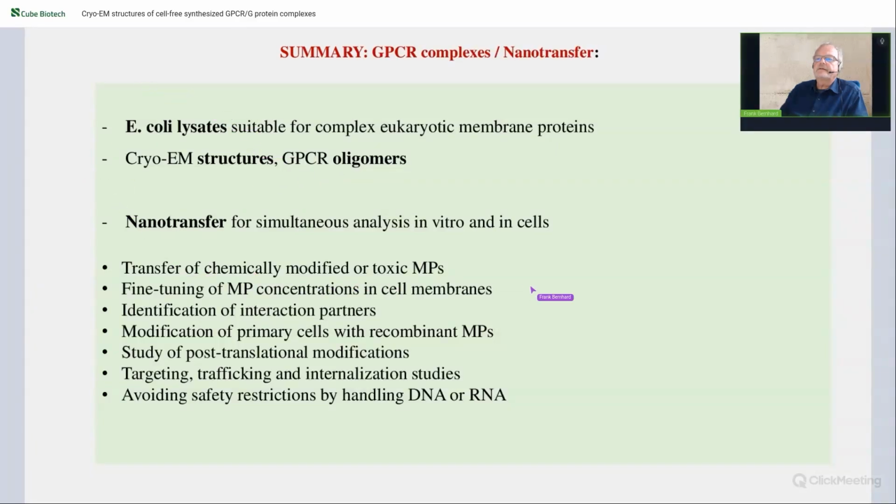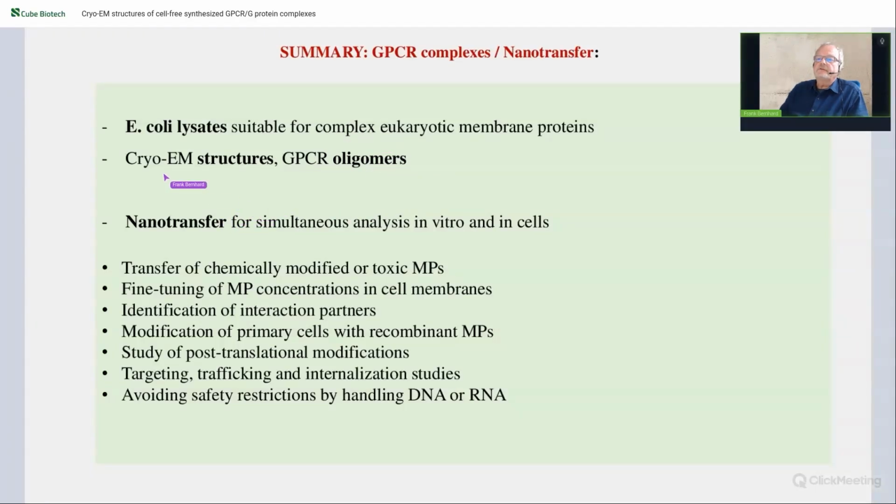Just to summarize, as a take-home message: everything I've shown was made in E. coli lysates, so they are obviously nicely suitable even for complex eukaryotic membrane proteins and complexes. I showed you two Cryo-EM structures of GPCR G protein complexes and the formation of GPCR oligomers.